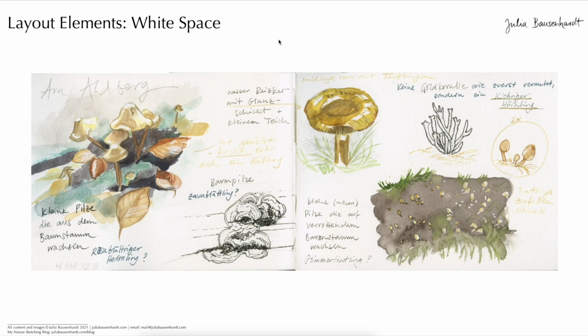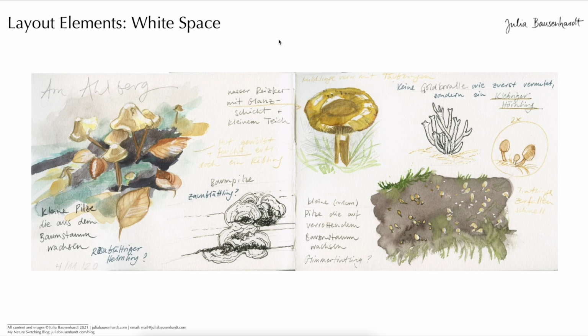One of the most important elements in a sketchbook is white space. This is the area on the page that you leave free, so the space between the drawings and the text elements. White space is an integral part of any design, and it is used to achieve visual balance on a page. It can give the page a strong focus and a rhythm or a flow. It creates sort of a breathing space on your page.